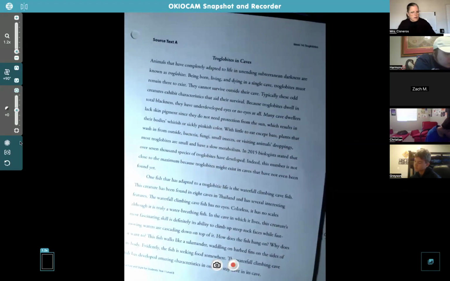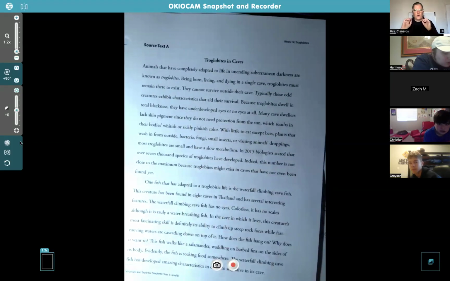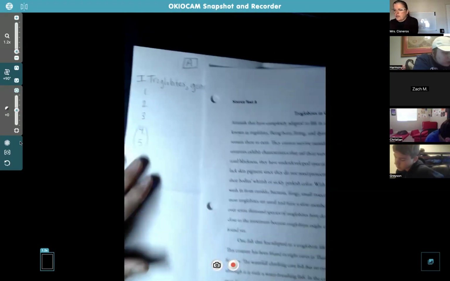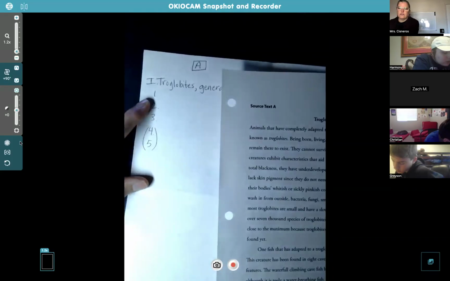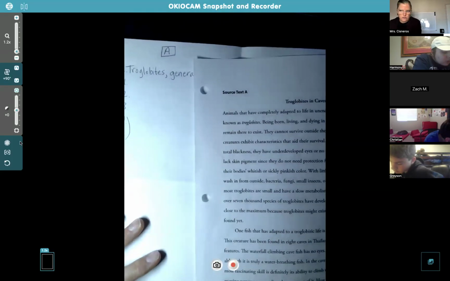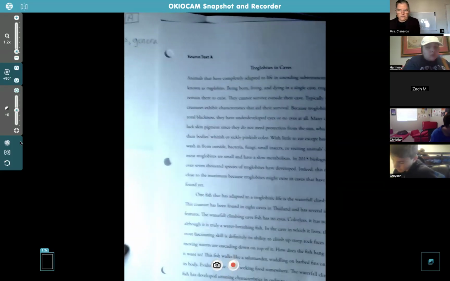Since we have a little bit of time left, I'm going to read it this time, and you guys focus on finding some facts. You can underline the facts that are interesting to you, or you can just go straight to your outline and start recording some keywords from this paragraph. It's up to you.